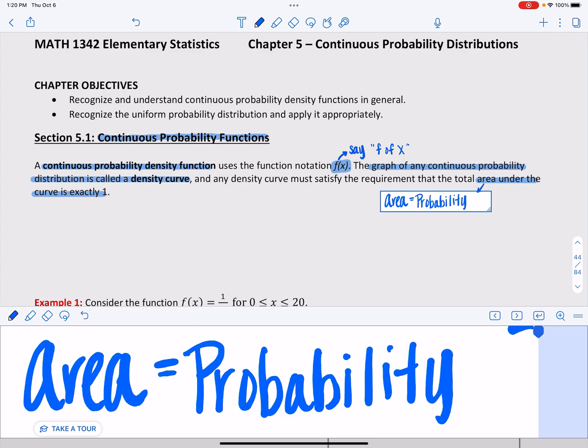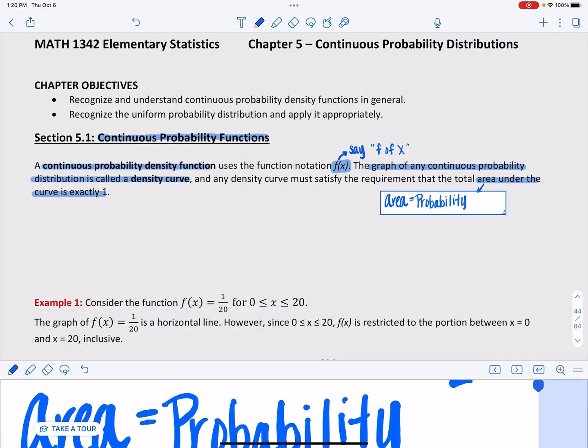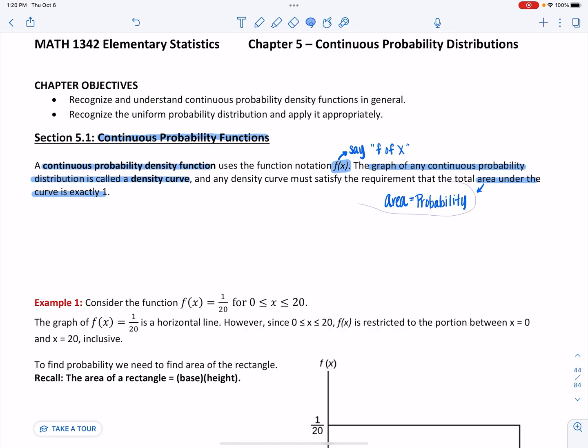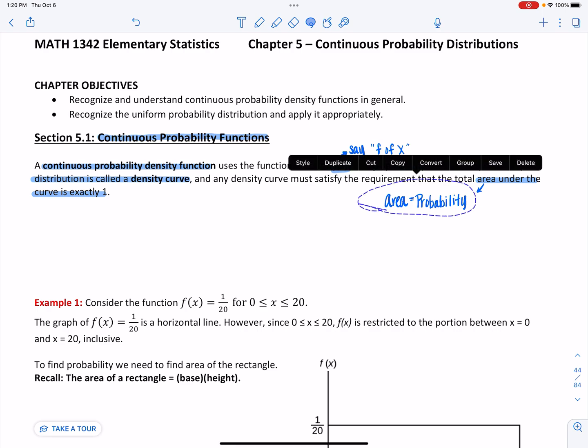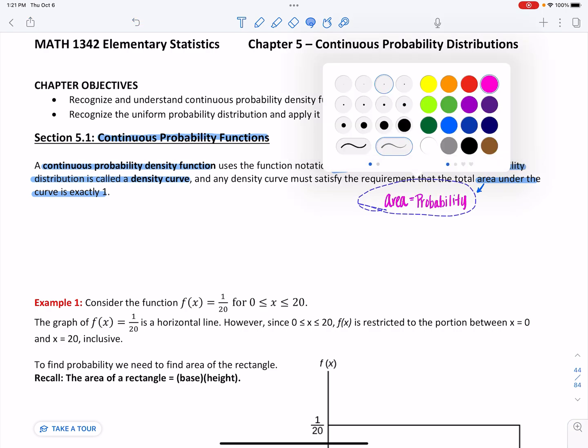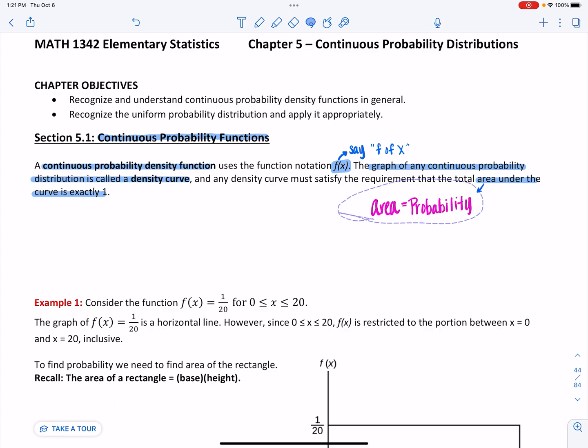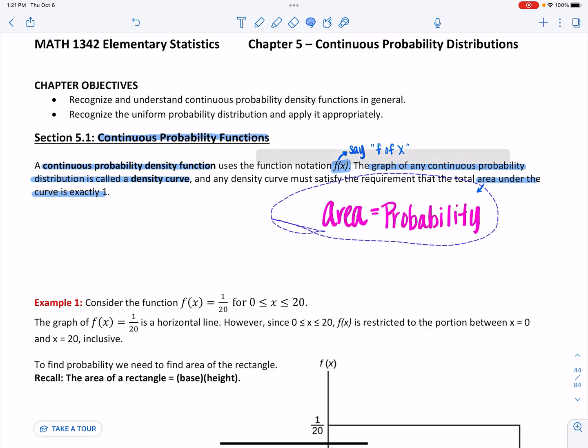So in order to find the probability of something happening, we are going to take a look at the area underneath our continuous probability density curve. I am going to change the color of that because I want it to stick out. I'll make it a little bit bigger because area will equal the probability.